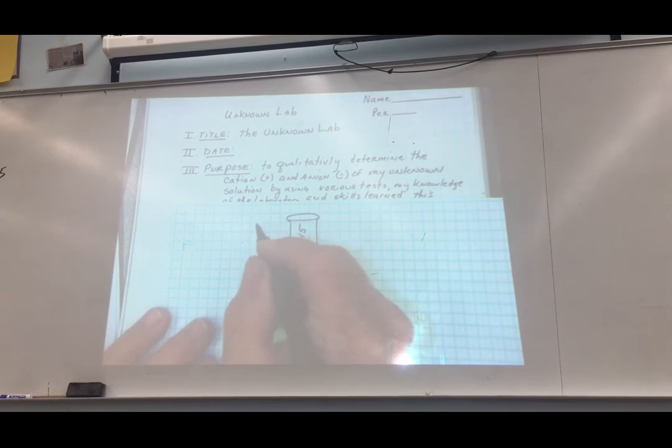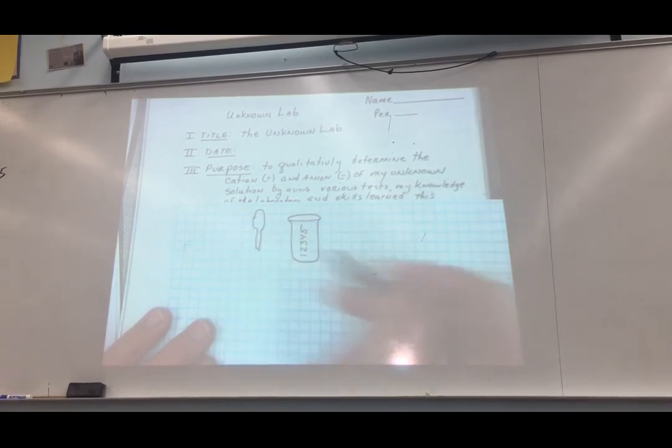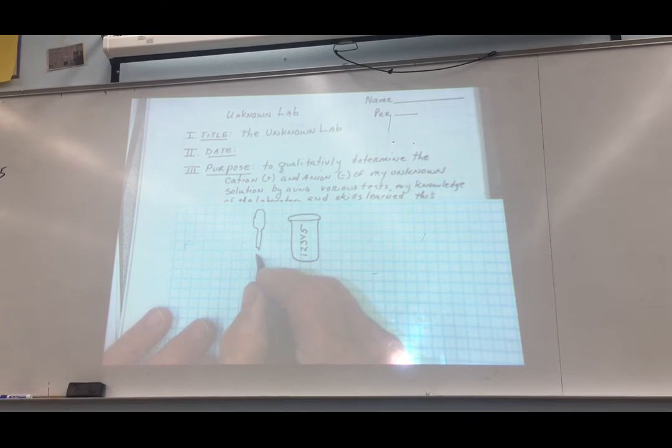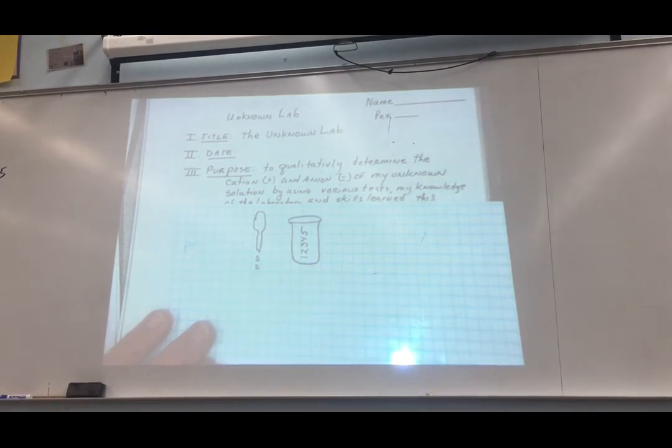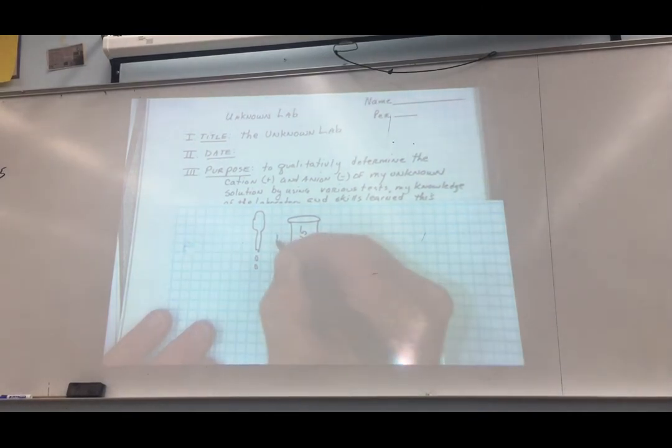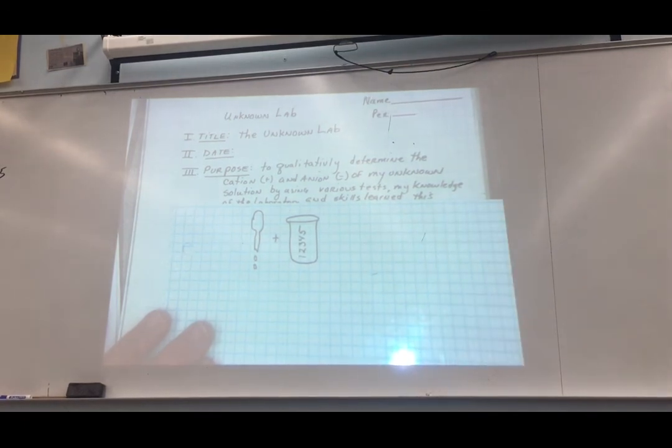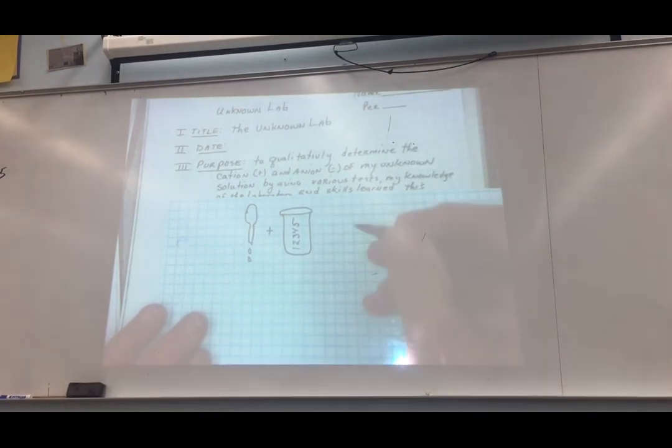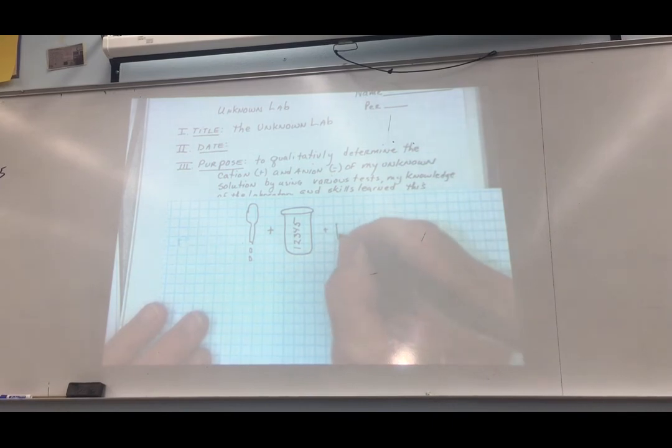You'll also get a dropper, which will be used only for your unknown. So you get a dropper, a test tube, and you'll get a card.